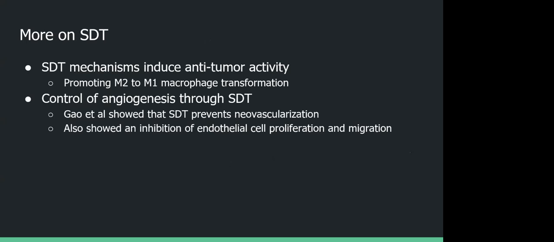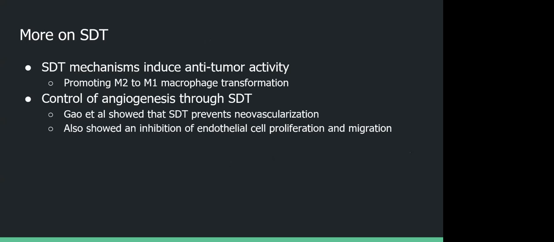So more on SDT. SDT mechanisms induce anti-tumor activity. One example of how this is done is the transformation of M2 to M1 macrophages. This is important because M2 macrophages are anti-inflammatory and promote tissue repair, while M1 macrophages are pro-inflammatory. They release pro-inflammatory cytokines and result in anti-tumor activity.